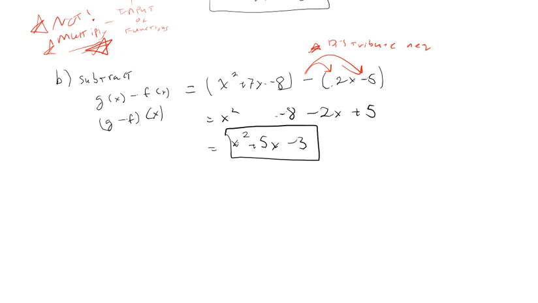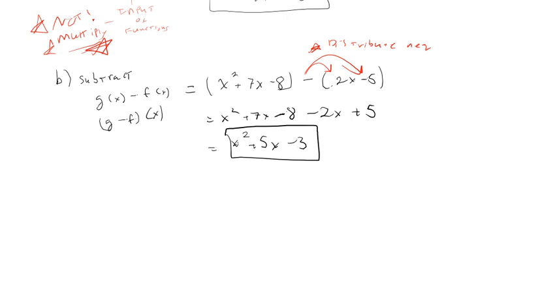Plus 7x minus 8. It's just one minus there. I don't know why there's little marks. Get it together, pen. All right.